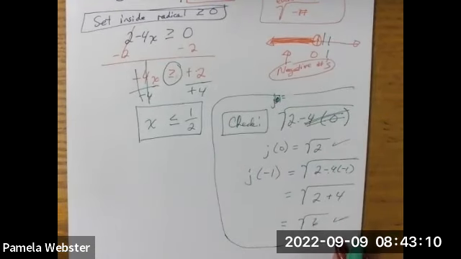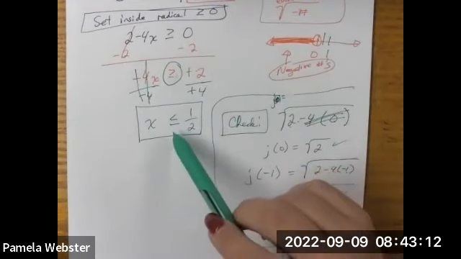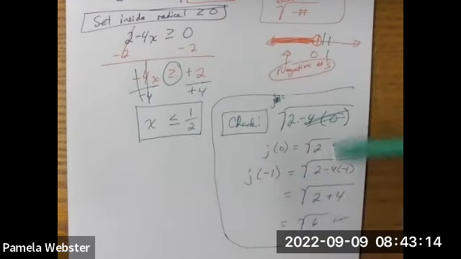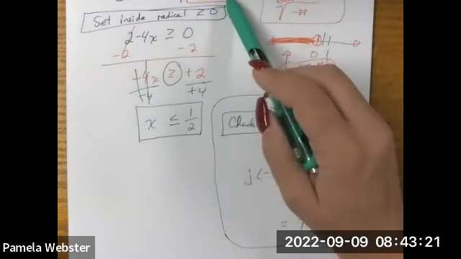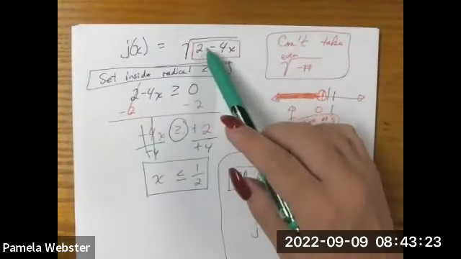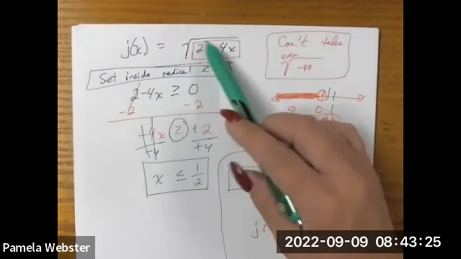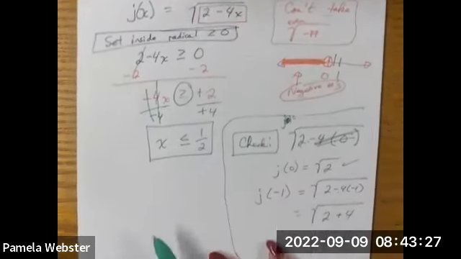If you wanted to, you could check out what happens if it was equal to 1/2. If I stuck in 1/2, I'd have 4 times 1/2, that's 2, right? And I'd have 2 minus 2 is a 0, and I'd be taking the square root of 0. So that is also okay.